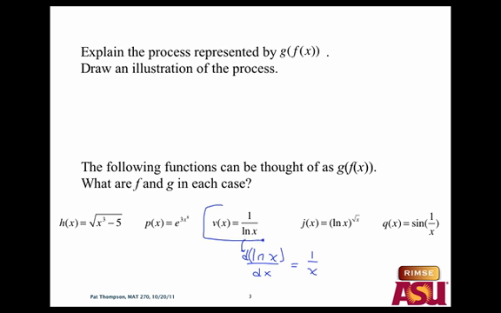So v, what's the big picture? What's the structure of v? Well, it's 1 over something. Okay, so 1 over something is like x to the minus 1. So v is like natural log of x to the negative 1.